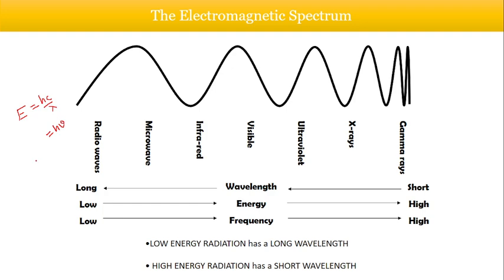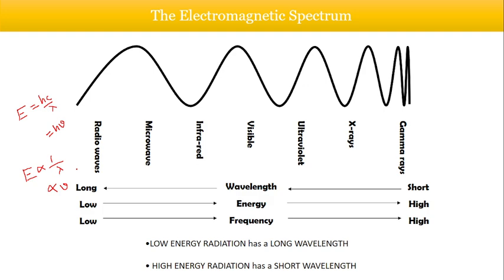So from here we can tell that energy is inversely proportional to wavelength and directly proportional to frequency. That's why with a longer wavelength comes a lesser frequency, and with a lower energy comes a lower frequency.